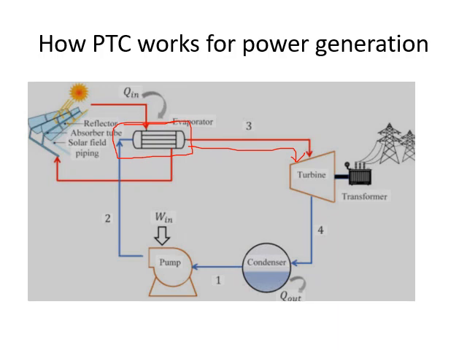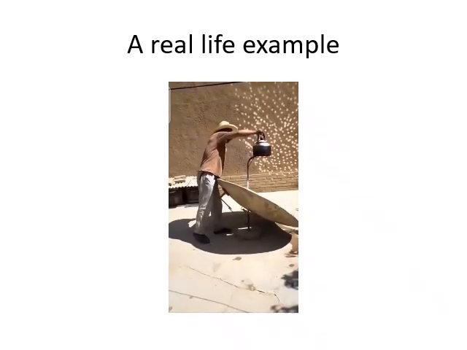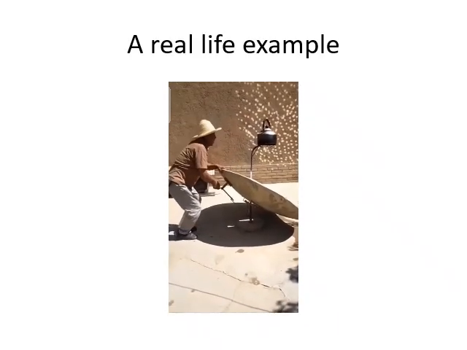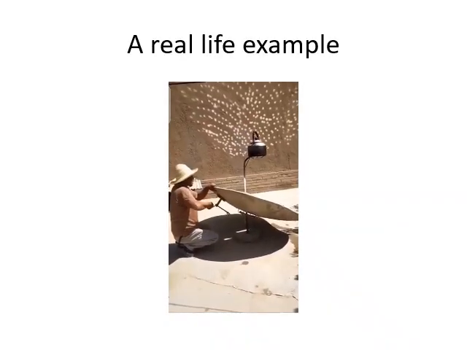If the temperature can go up to like 400 degrees Celsius, it can be fed to the boiler and then it can be running the power cycle. So this in general is called concentrated solar power, when we are generating power by concentrating the sunlight. This is the real life example of a parabolic collector.